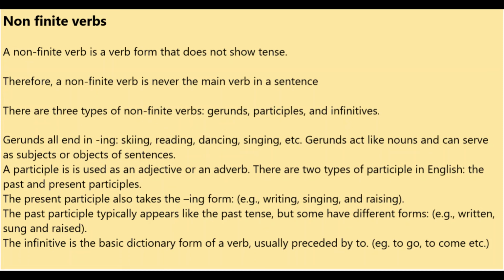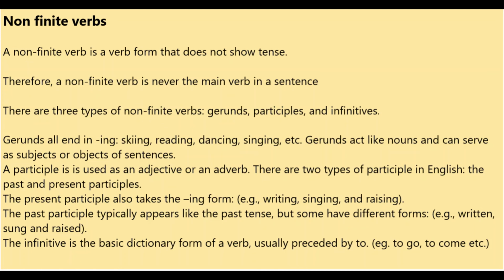The past participle typically appears like the past tense, but some have different forms, like written, sung, raised. Past participle and present participle both are there. Now infinitives are also non-finite verbs. So these are the non-finite verbs which we have seen. You have seen that they can never stand as the main verb.